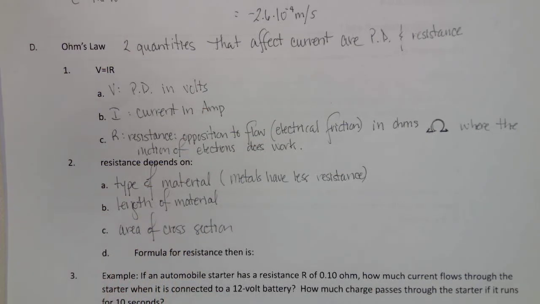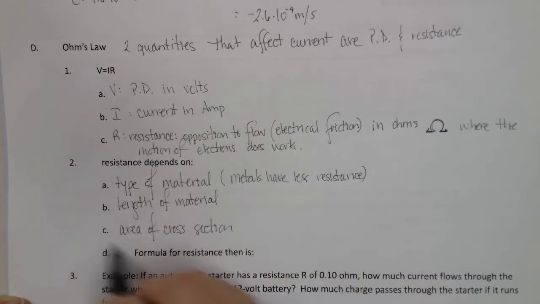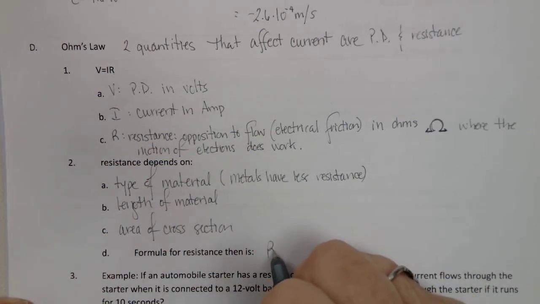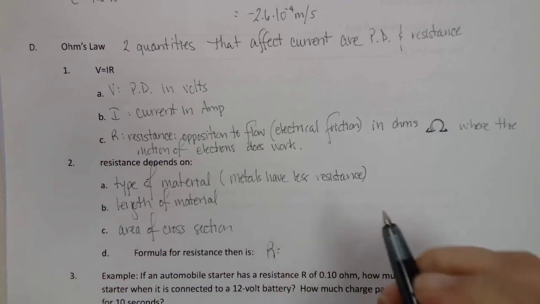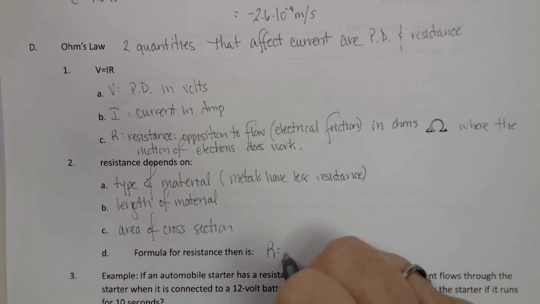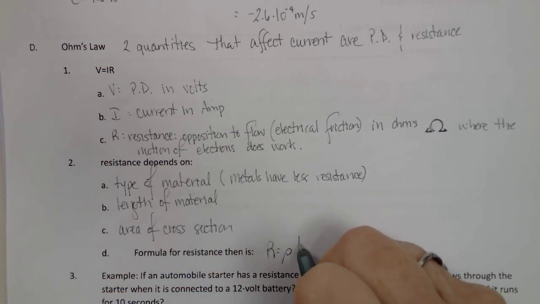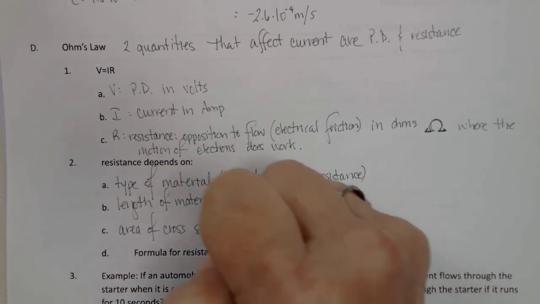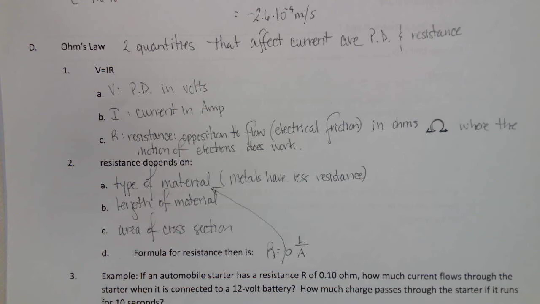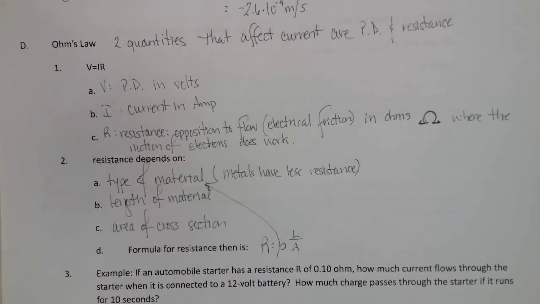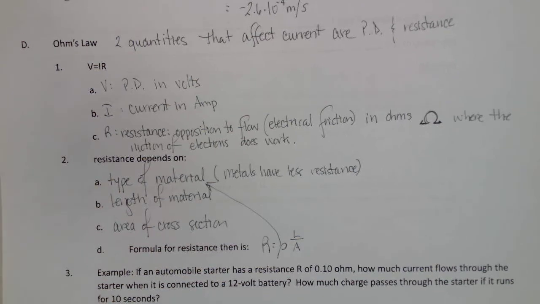So the formula for resistance takes all these factors into account: resistance is equal to rho times L over A, where rho is the constant that comes from the type of material, L is the length, and A is the cross-sectional area.